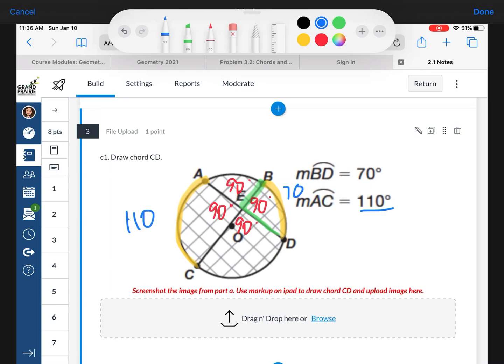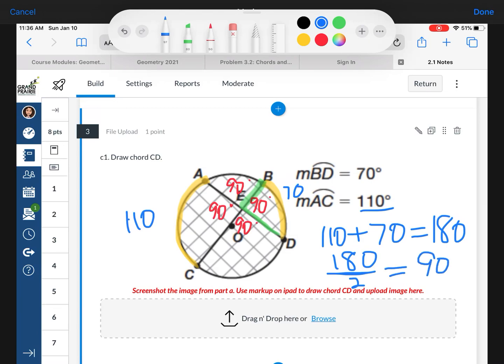Let's add those two numbers together and divide by 2 and see what we get. If we add 110 plus 70, we get 180. If we take 180 and divide it by 2, we get 90.